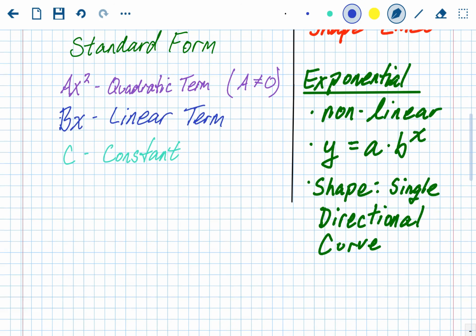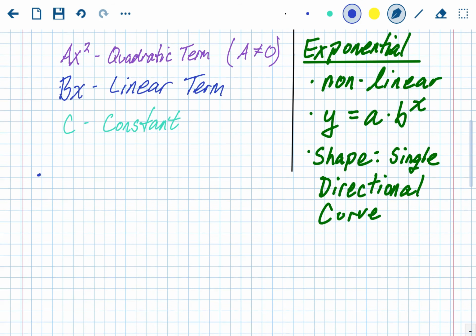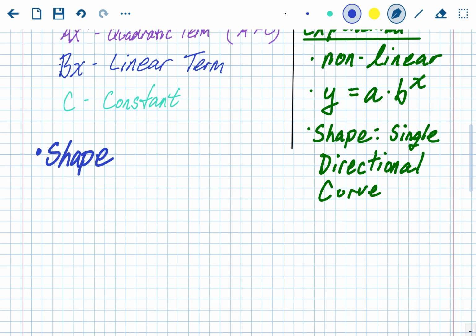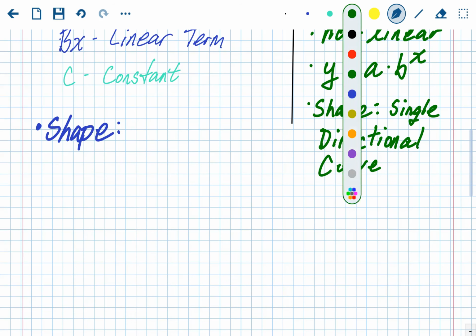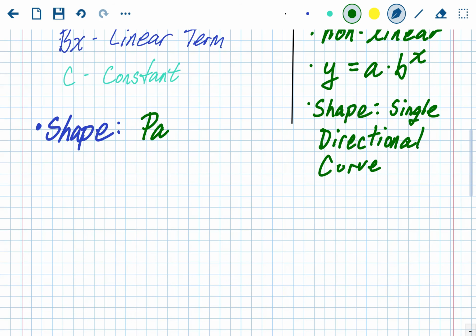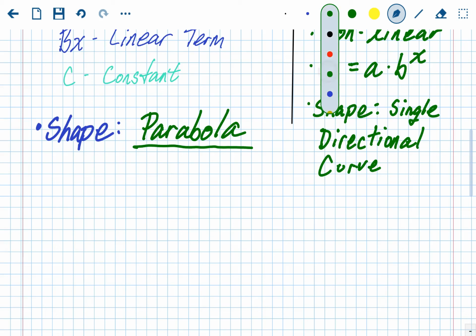Now the shape of a quadratic. The shape of a quadratic is called a parabola. Kind of a weird name. All quadratic functions are parabolas. Okay. What a parabola is, it's a U-shaped graph.